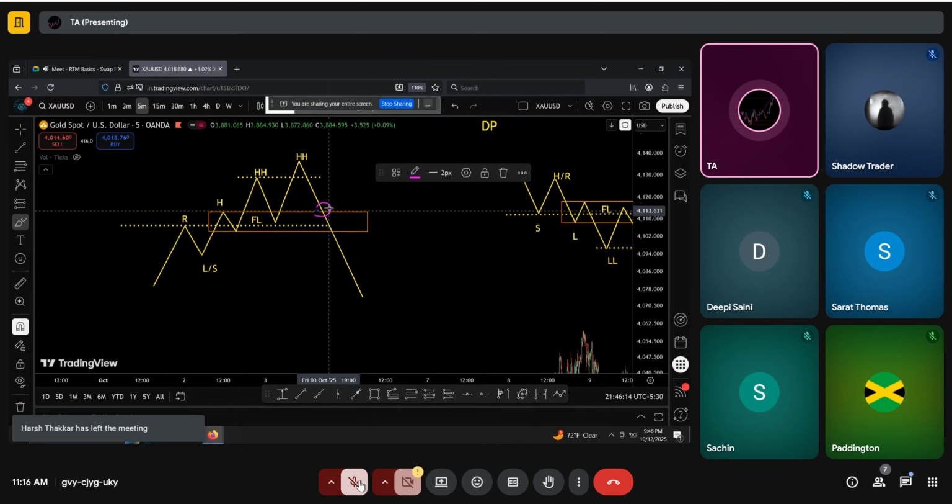If you go to here in a lower time frame, you may find a very small zone here, right? And a very small zone here. It is possible, right? Very small zone. In that case, that will also be valid.